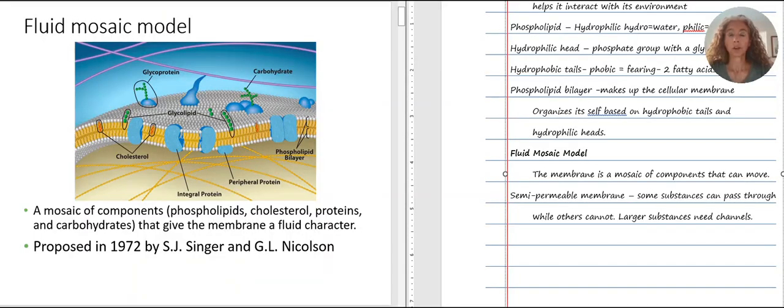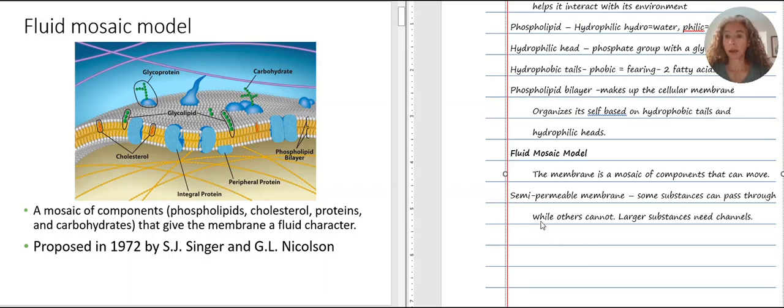Because there are so many different structures within the membrane, we call it the fluid mosaic model. It's almost like a mosaic of lots of different structures. The fluidity and all of the embedded structures within the membrane is what makes up the fluid mosaic model.